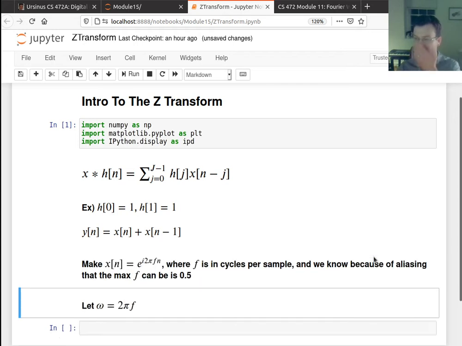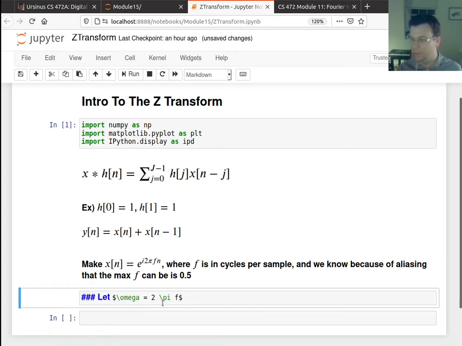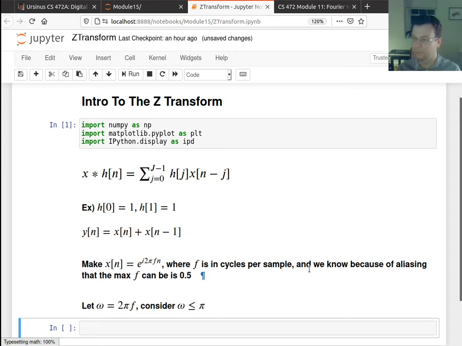You can't go more than half of a cycle in one sample, otherwise you alias. What this means is that omega is less than or equal to 2 pi times that, which is pi. Anyway, these are the constraints.